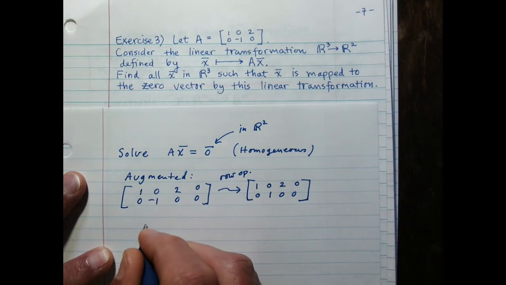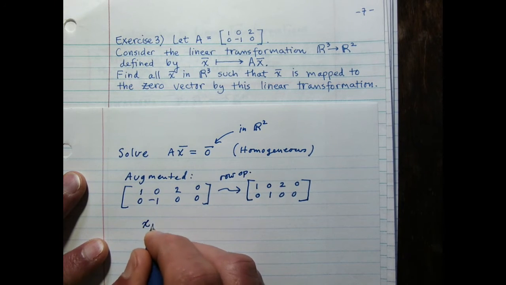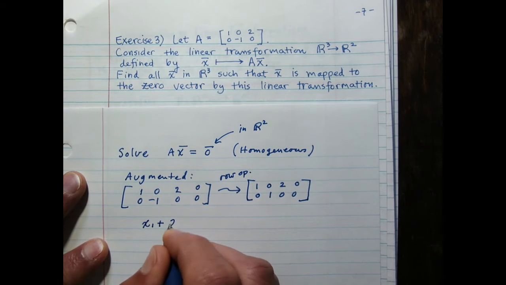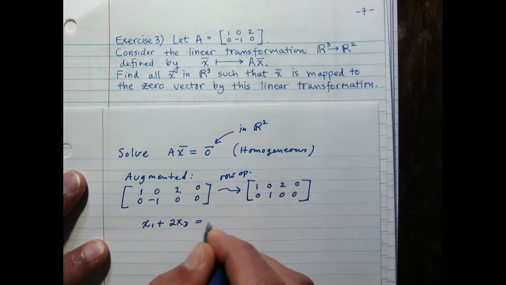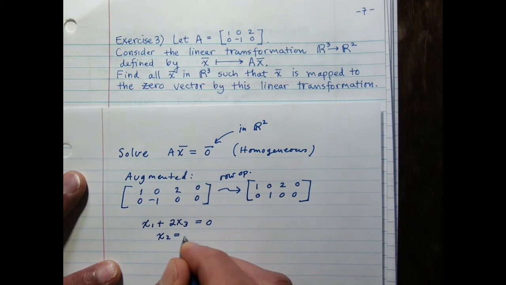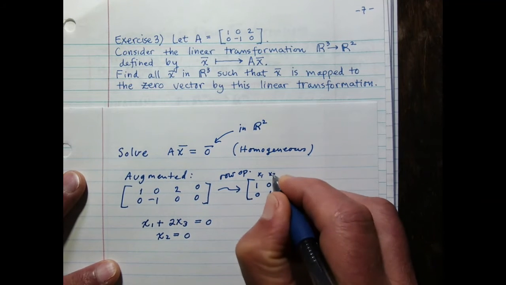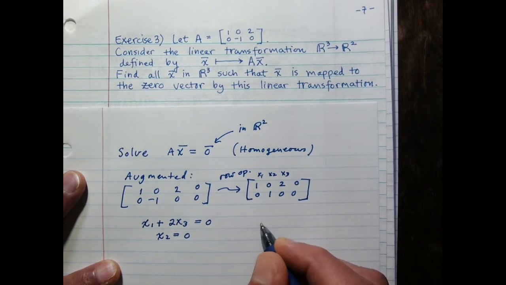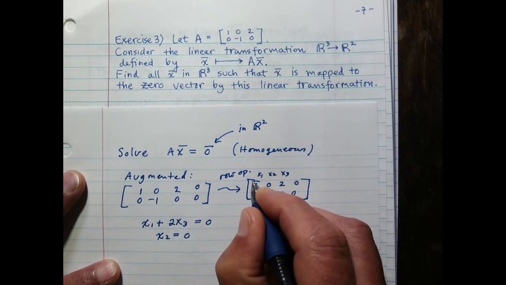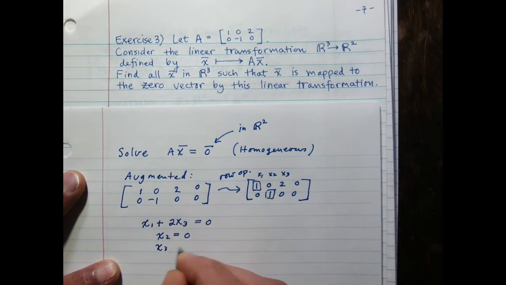And what we get is x1 plus 2x3 equals 0. We get x2 is equal to 0. So we got 3 input variables here. X1 and X2 correspond to pivots, but X3 does not, so X3 is free.